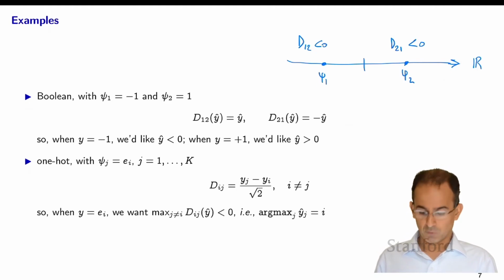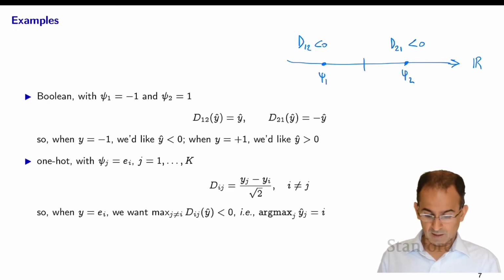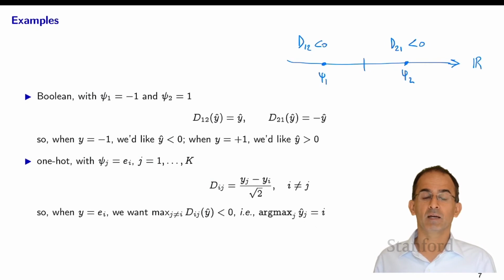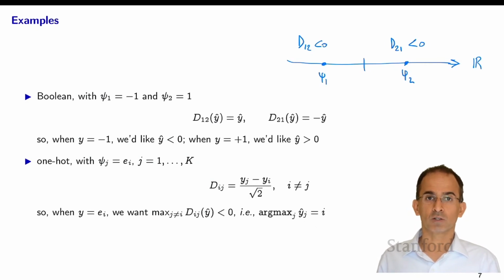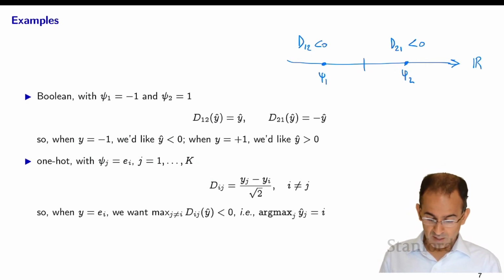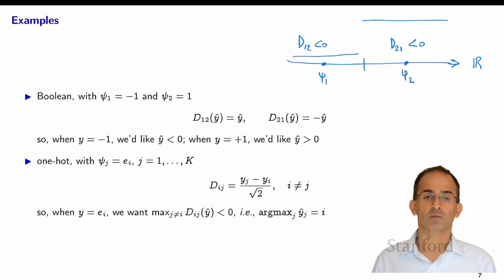And so if y is in the region corresponding to psi1, so that means that y is minus 1, well then we would like d1,2 to be less than 0, and we'd have a loss function which was 0 over here, say, and large over here, and that would be our ideal loss function, our Neyman-Pearson loss function.